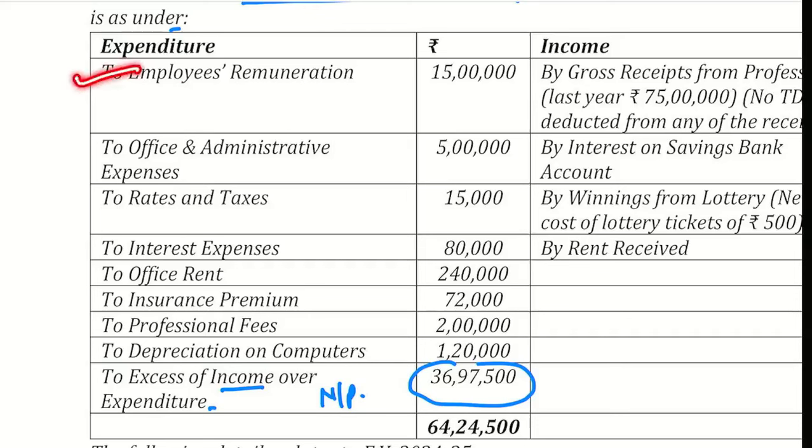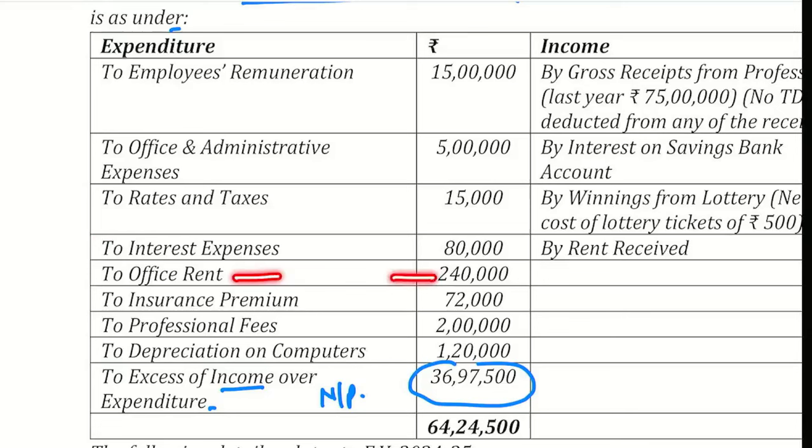Office and admin expenses, normal business expense, we are okay with it. Rates and taxes, if it is for business, we are okay with it. Interest expenses, again, if it is related to a business loan, then I'm okay. But if it is for a personal loan, then I'm not okay. But as of now, nothing is mentioned, so I will take it as a business expense.